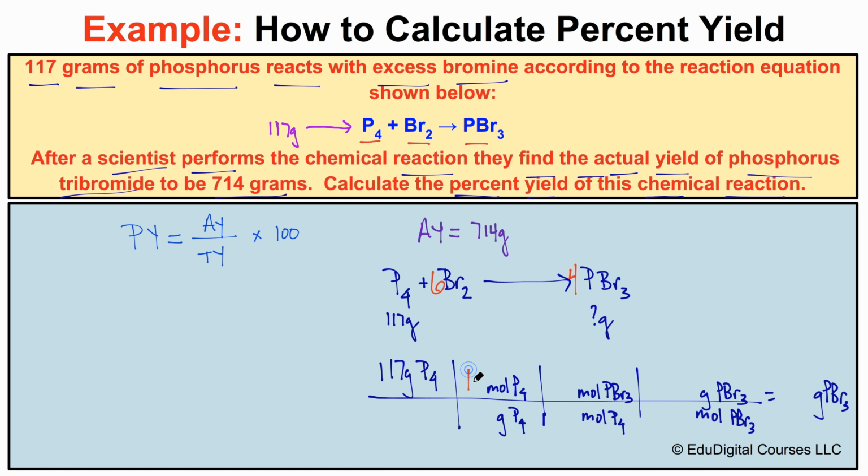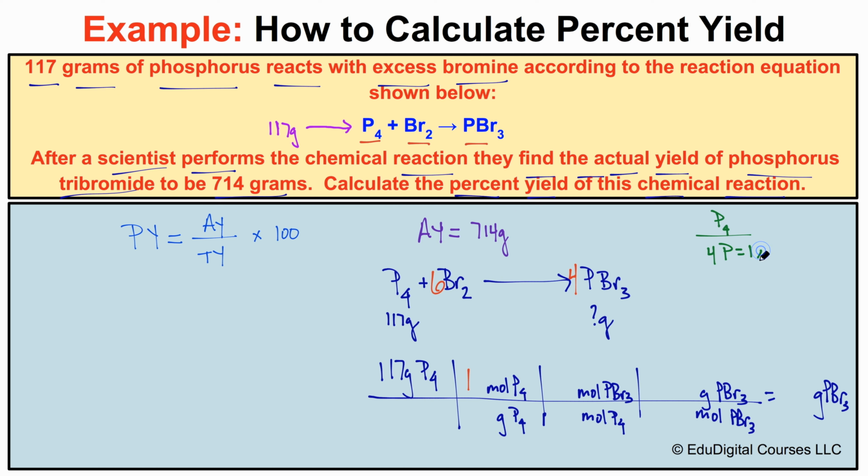So if we take a look on our periodic table of elements, like the one that just popped up, we can see that the molar mass of one phosphorus is 30.97. So if we have P4, we'll figure out the molar mass right here of P4. P4 is made up of 4 phosphorus atoms.